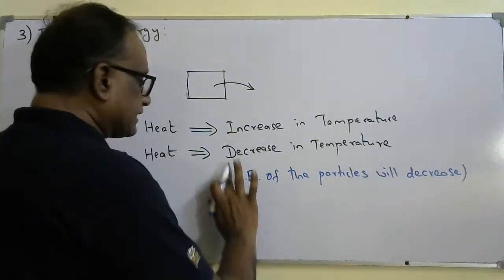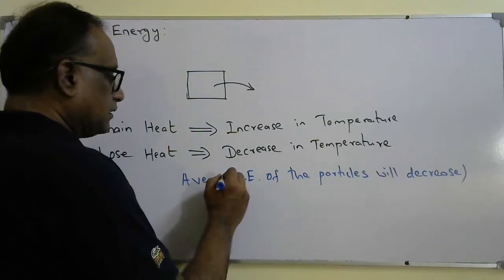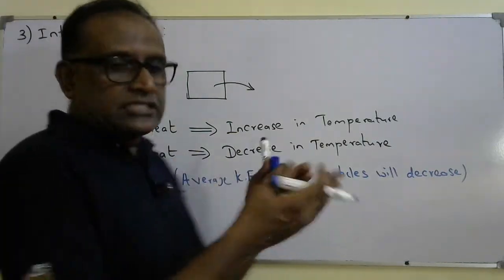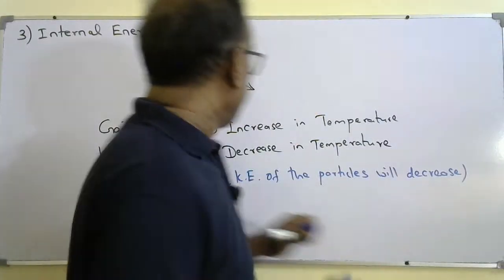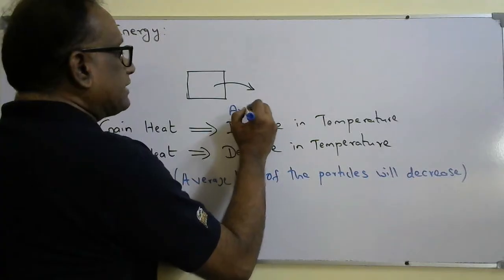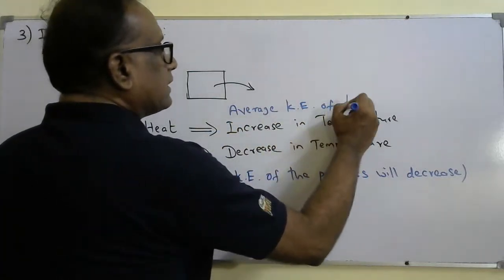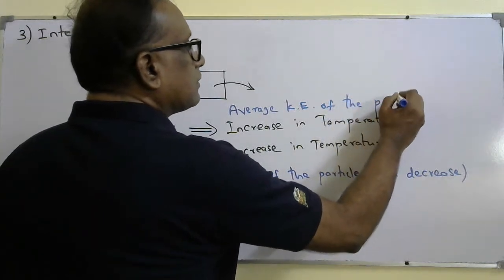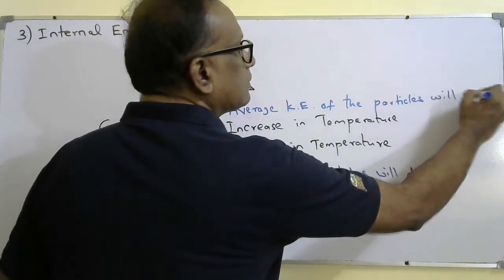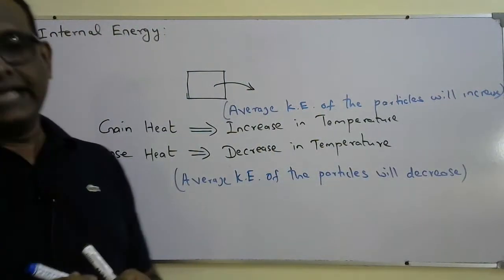Better to say average kinetic energy of the particles will decrease when heat is lost from the substance. Same way, an increase in temperature means the average kinetic energy of the particles will increase.